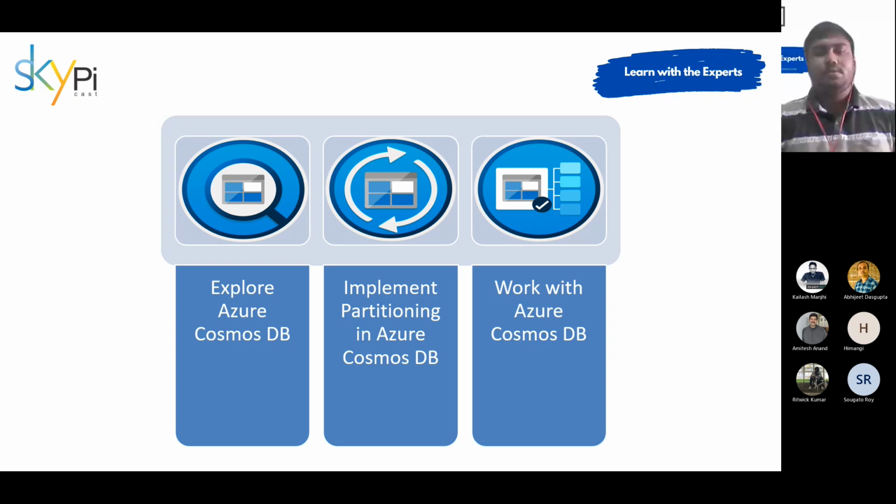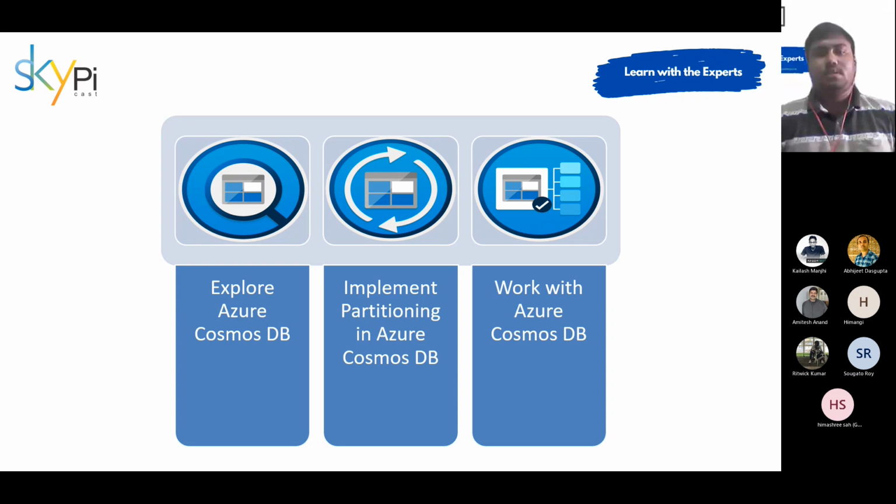Moving forward, we have three sub-modules to cover. The first is exploring Cosmos DB, the fundamentals of it, how the hierarchy works, what resource types we get, and how the resource units work and how we get billed. The second part will be implementing partitioning, how the partition works.